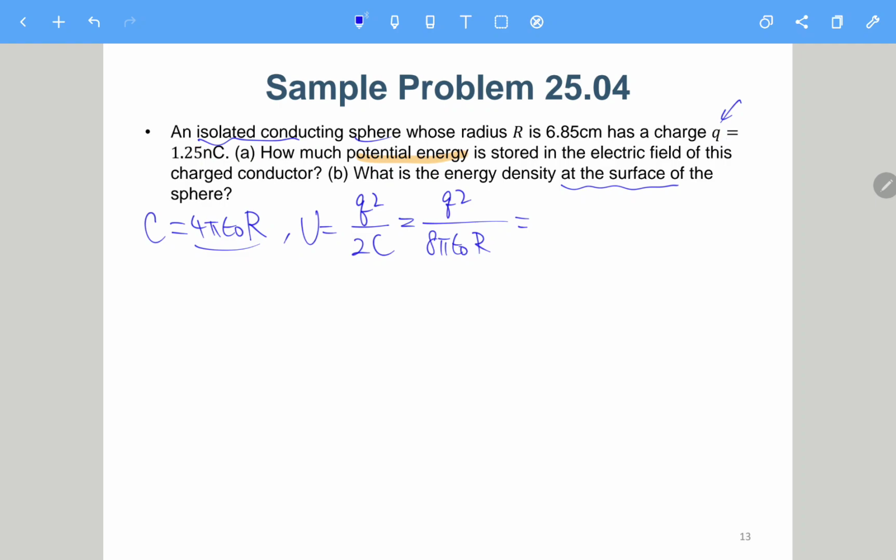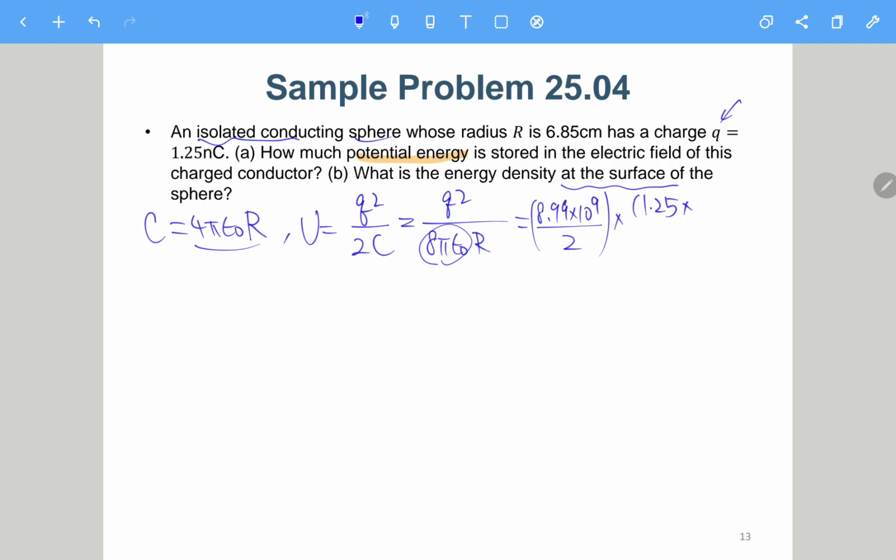So Q is, first one we have this one. It is like 8.99 times 10 to the 9th power over 2, and then times Q squared, which is 1.25 nanocoulomb.